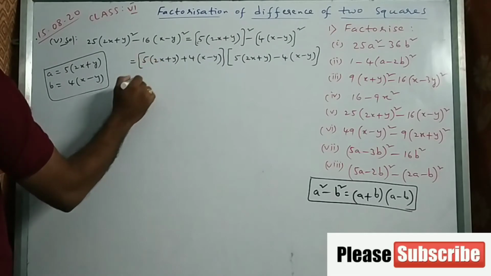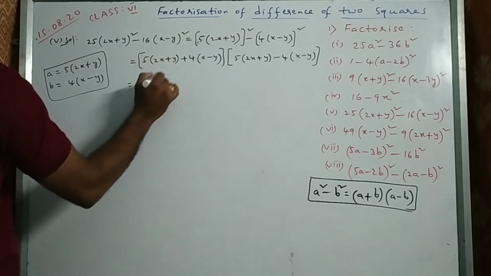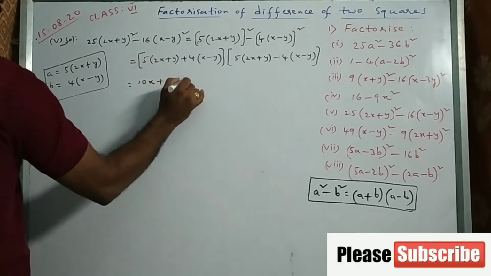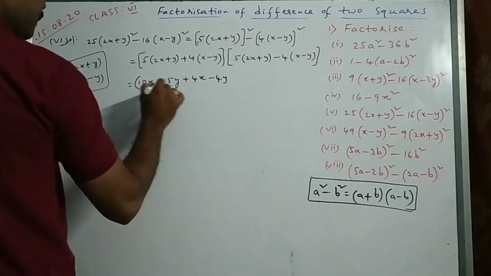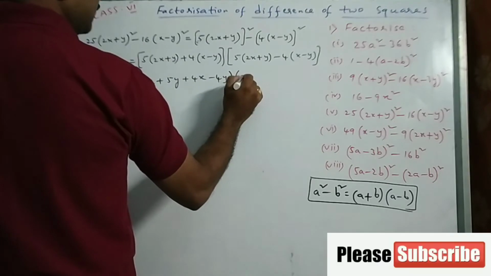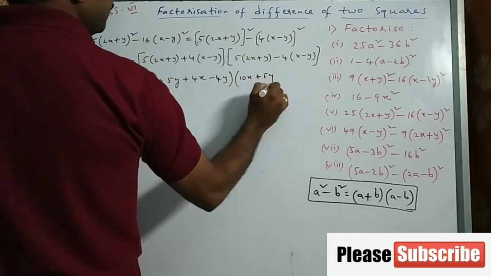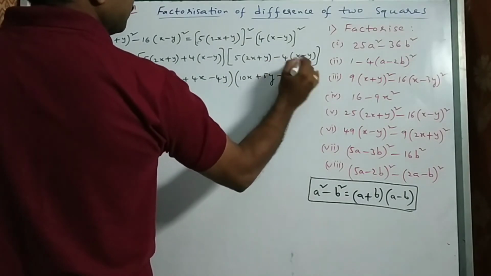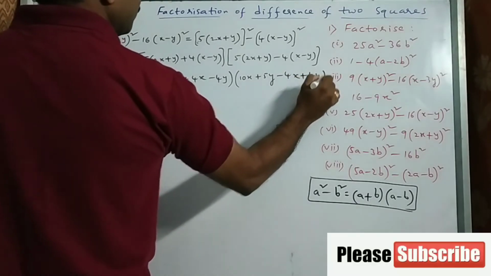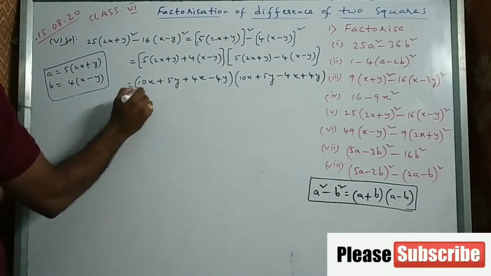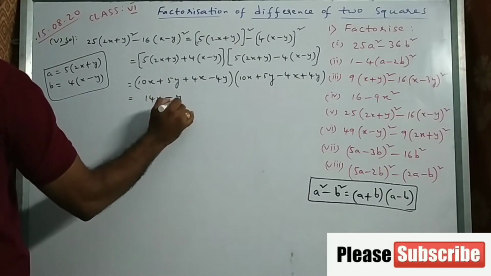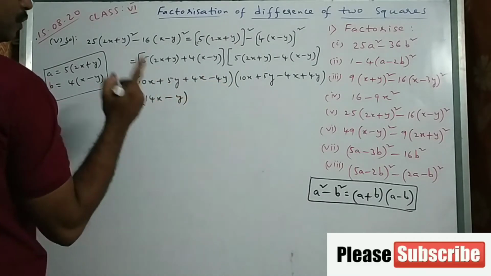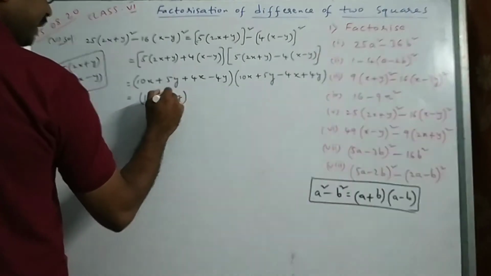Now simplify. 5 2s are 10x plus 5y plus 4x minus 4y. Here 5 2s are 10x plus 5y minus 4x, minus into minus plus 4y. So 10x plus 4x, 14x, 5y minus y, y. 5 minus 4 means 1 plus y, right?